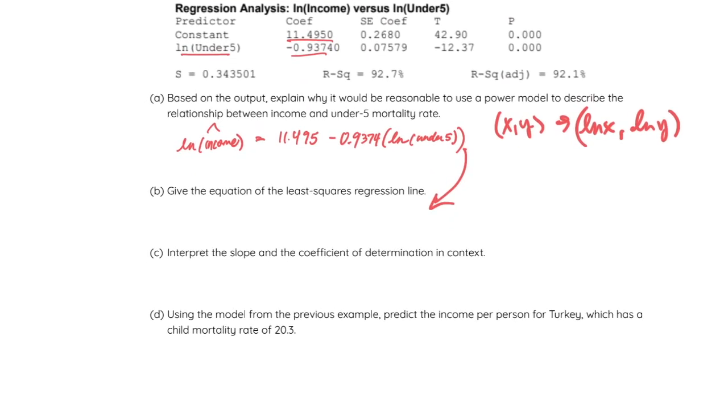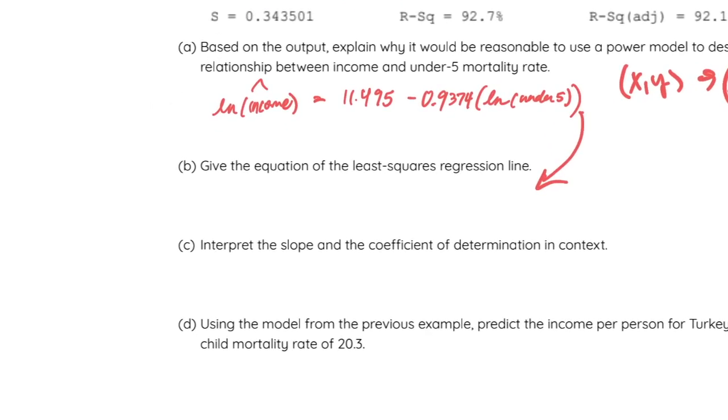Okay, we have our least squares regression line. And then interpret the slope and the coefficient of determination in context. So our slope is negative 0.937.